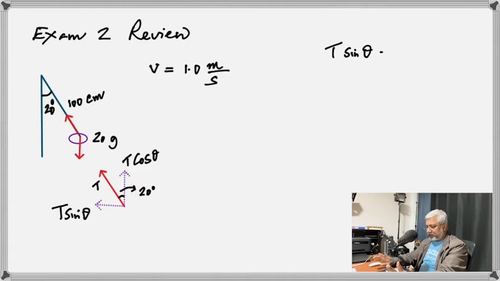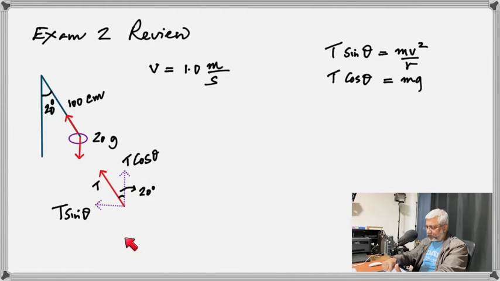T sine theta is the centripetal force, which is the force towards the center of the circle, while T cosine theta is balancing the weight mg. So T cosine theta is exactly opposite to mg, while T sine theta is the centripetal force.